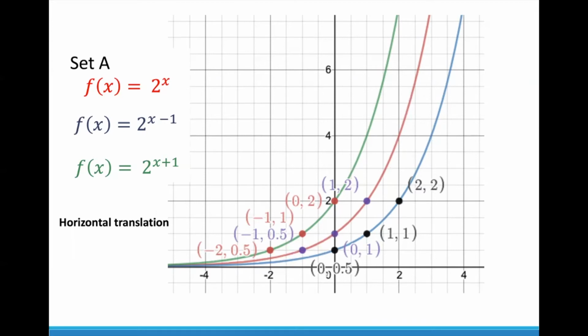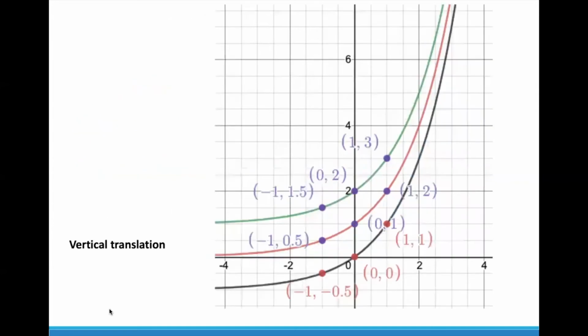So minus 1 means it is shifted 1 unit to the right. The points are shifted 1 unit to the right. And if it is plus 1, it is shifted 1 unit to the left. So this is the movement to the right or to the left.